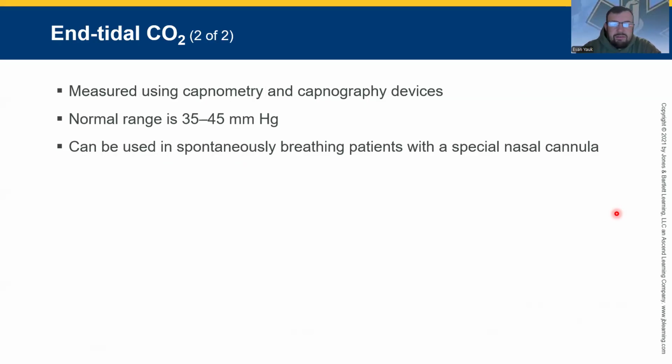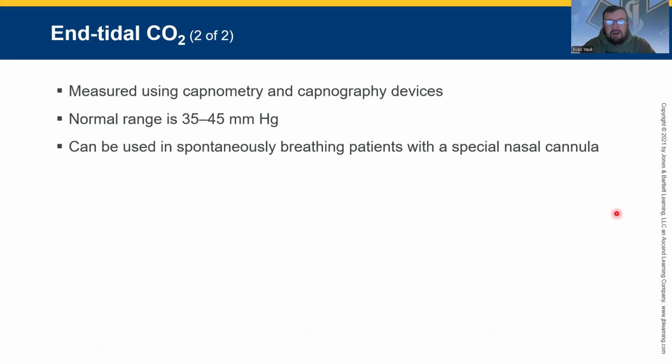Normal range is 35 to 45. It can be used on spontaneously breathing patients with a special nasal cannula that has a little monitoring device under it. It gives us a waveform that we can see on our monitor, so we can almost see what's taking place in the lung with every respiration. We can tell if they have good intake and exhalation.